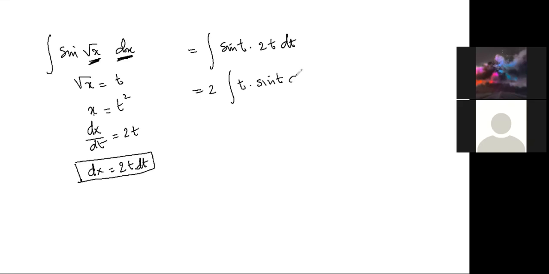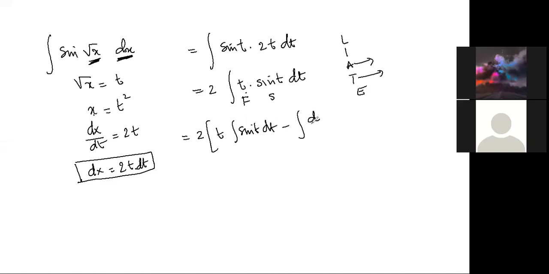Why did I interchange the position? LIATE: algebraic is before trigonometric. So algebraic should be first and trigonometric should be second. So you can write the answer directly: 2 into first function into integral of second, minus integral of derivative of first into integral of second. Have you noticed that I changed the variable to t?